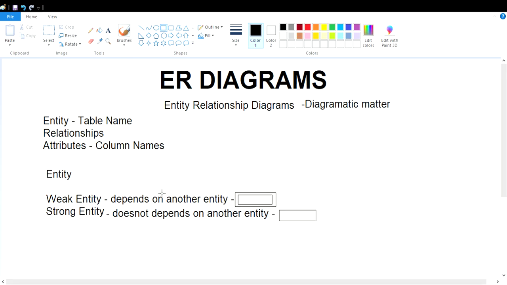Next we will see the different types of relationships.